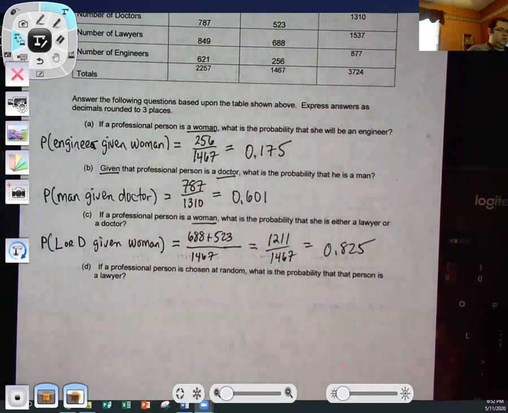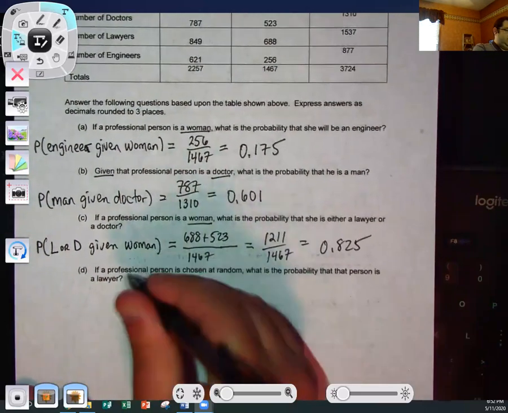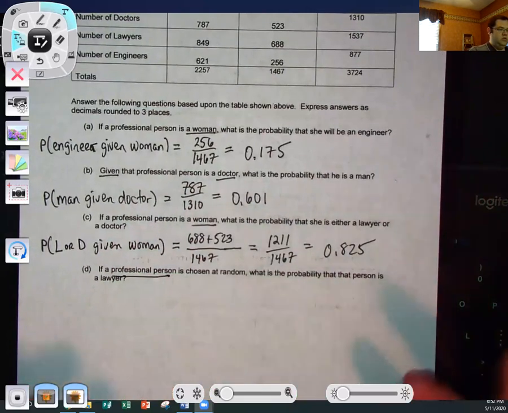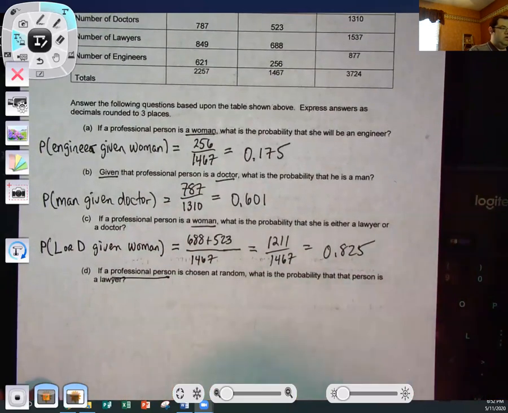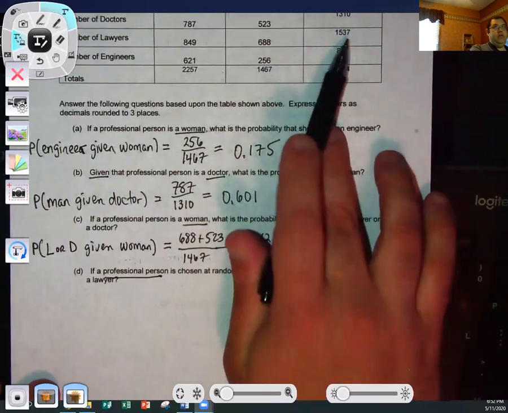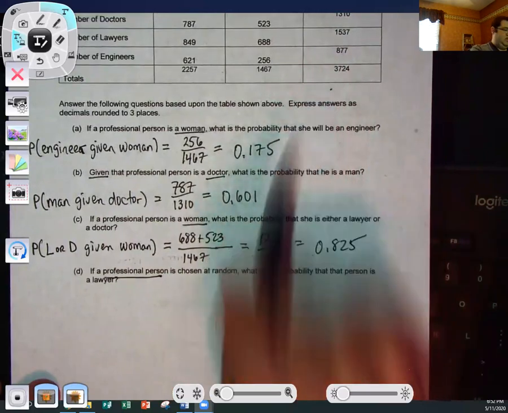Then for part D, if a professional person is chosen at random, what is the probability the person is a lawyer? Okay. For that one, notice it says a professional person, so that includes everybody. How many lawyers are there altogether? 1,537.